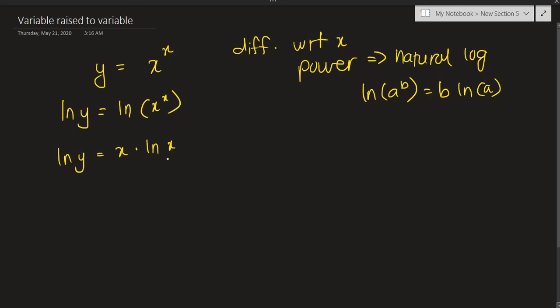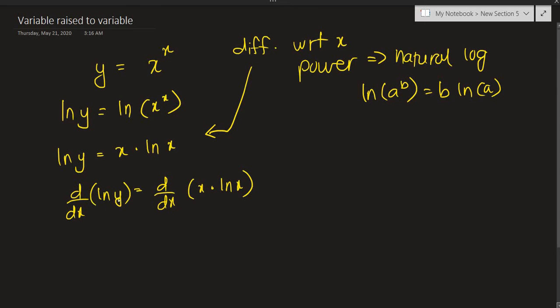Now it seems like it's a great time to differentiate, because natural logs are one of the easiest functions to differentiate. So now we're actually going to differentiate. We have d over dx of the natural log of y being equal to the derivative of x times natural log of x. We just learned to differentiate the natural log of y, or any function of y, in yesterday's video of implicit differentiation.